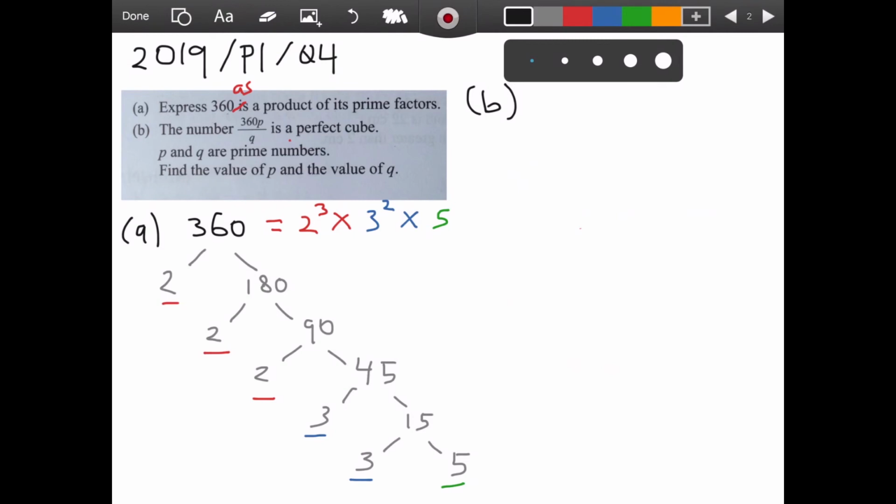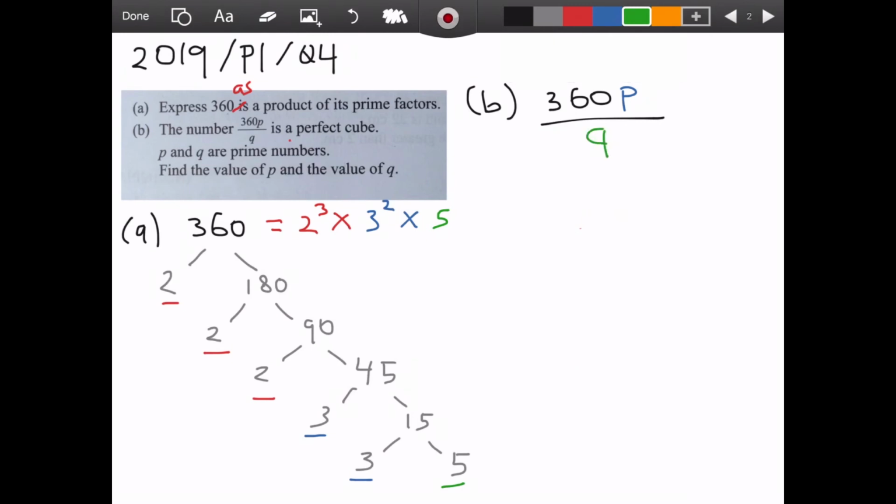Okay, so now they're asking for this 360p over q, and they want this to be a perfect cube. Early on we got the prime factors of 360, which is 2 to the power of 3 multiplied by 3 to the power of 2 multiplied by 5, right?